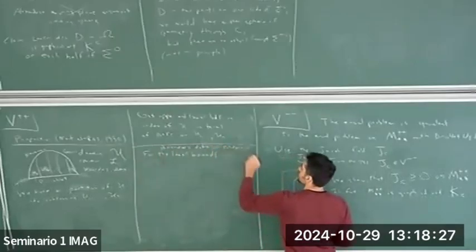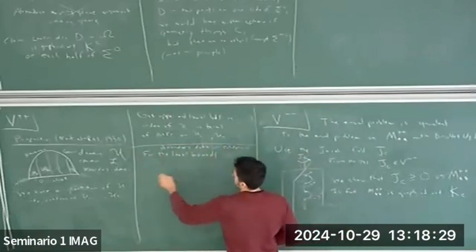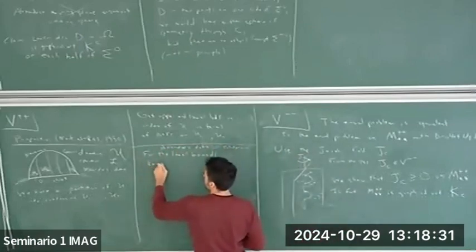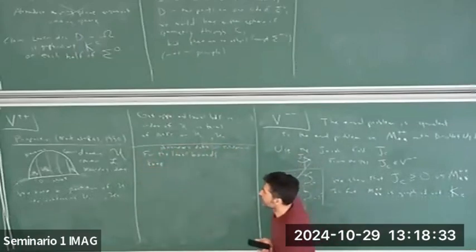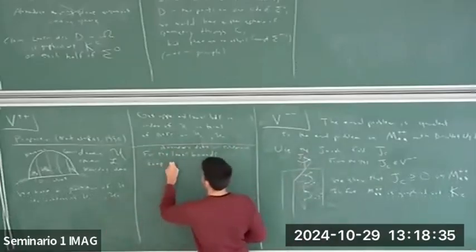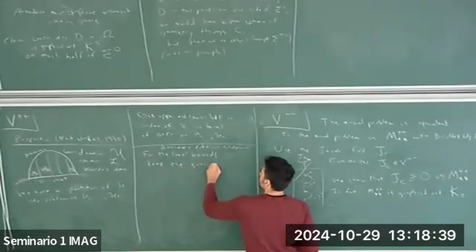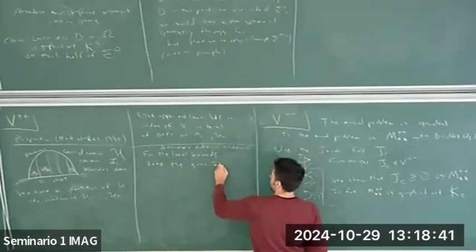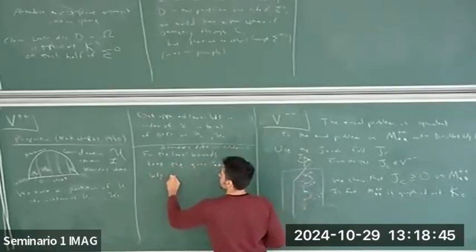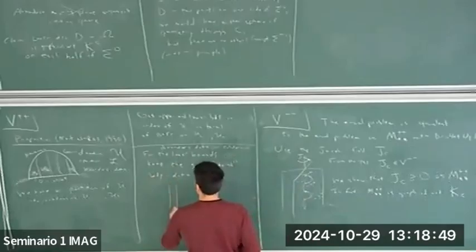So, for both the upper and lower bounds, we're going to keep the given external boundary data. So this is U2.